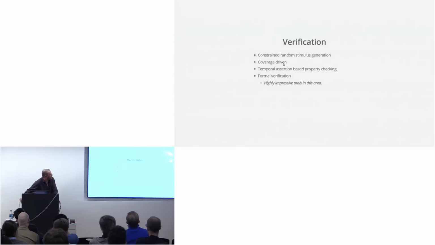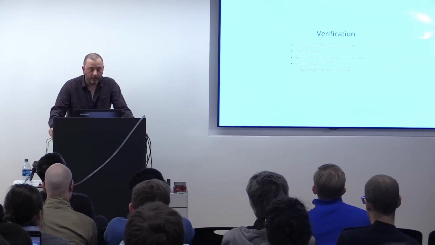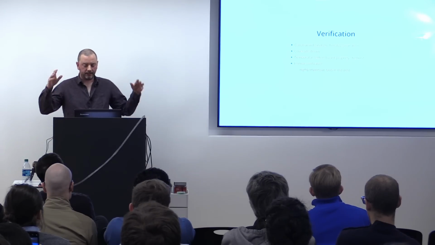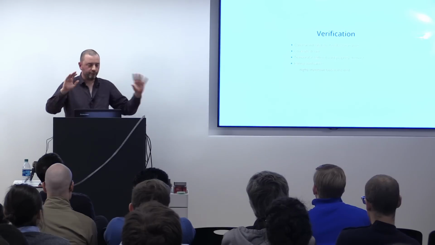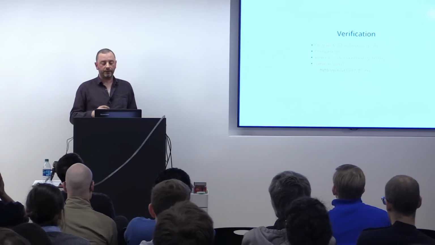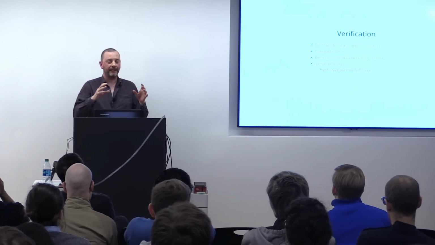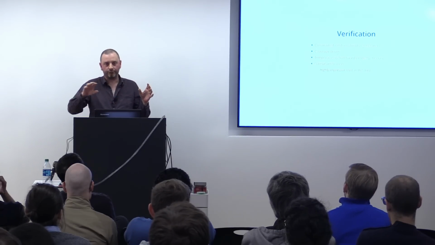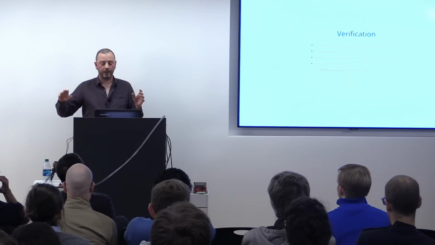There are a bunch of slightly newer technologies that came around roundabout with SystemVerilog. So there's things like constrained random stimulus generation. The idea there is you're going to generate random data into your simulation, but you want to constrain it so that it hits interesting paths in the simulation.